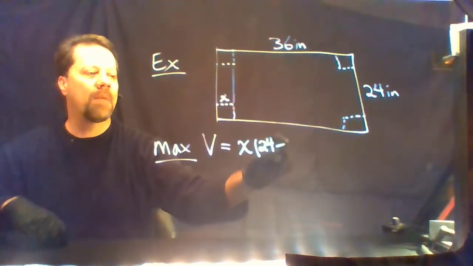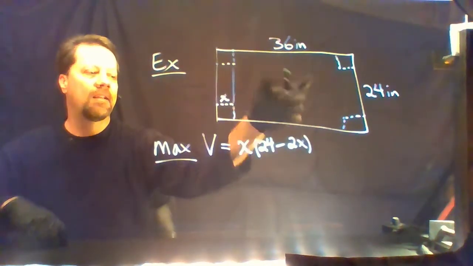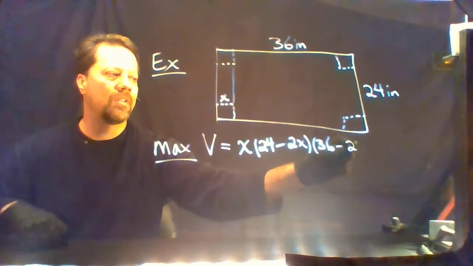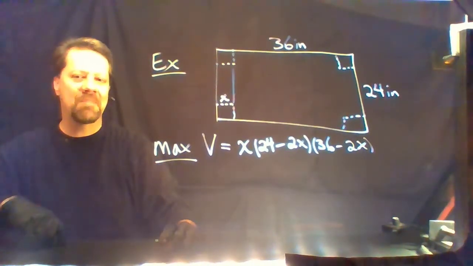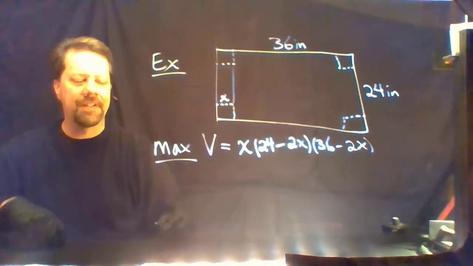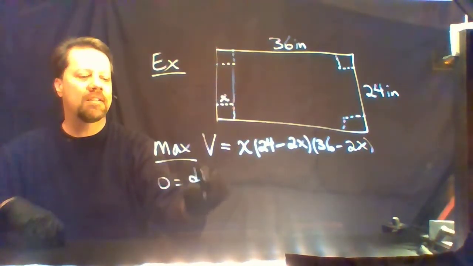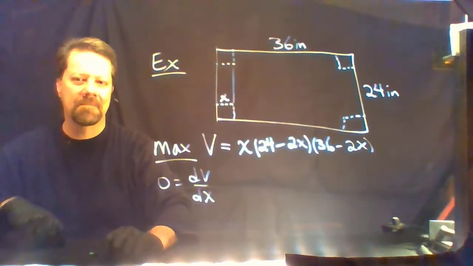That's 24 minus 2x. And in the other direction, it's going to be 36 minus 2x. We need to maximize the value of this function. To do that, we need to take the derivative, set it equal to 0, and solve for x.